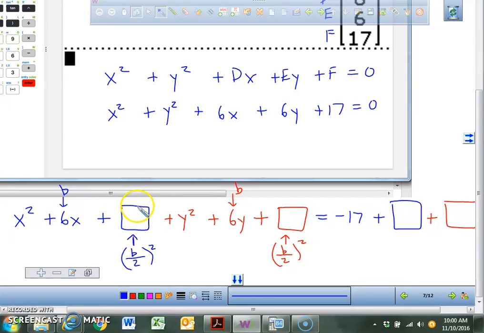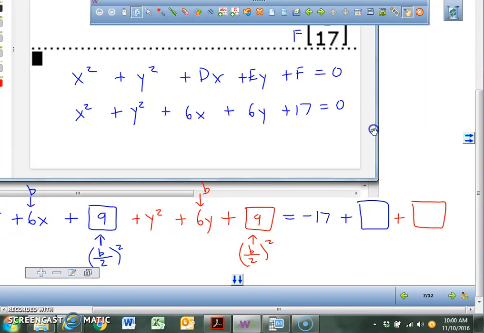In order to complete the square, if you're trying to figure out what goes here, you take this number, take half of it, and square it. It's b divided by 2, squared. That's going to be a 9. Half of 6 squared over here is once again also going to be a 9. We're going to take those numbers and carefully place them here and here.